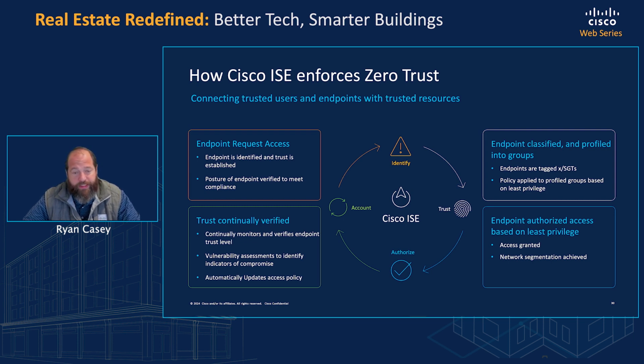So as we look at plugging in an endpoint, whether it be a lighting node or an HVAC edge device or even a CCTV camera, the endpoint is going to request access, and then it's going to go into Identity Services Engine to be profiled and then classified on what type of device it is. From there, authorization will happen to where that device is now authorized to communicate in whichever policies have been created for that particular device.